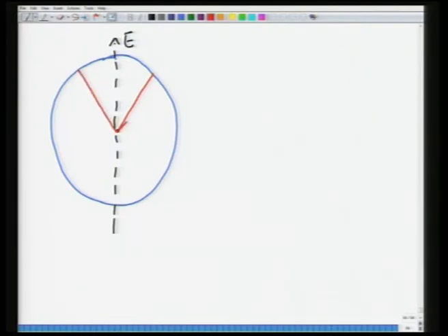Another cone can be this. Let us say this angle is theta and this angle is d theta. So this is a spherical representation of dipoles.